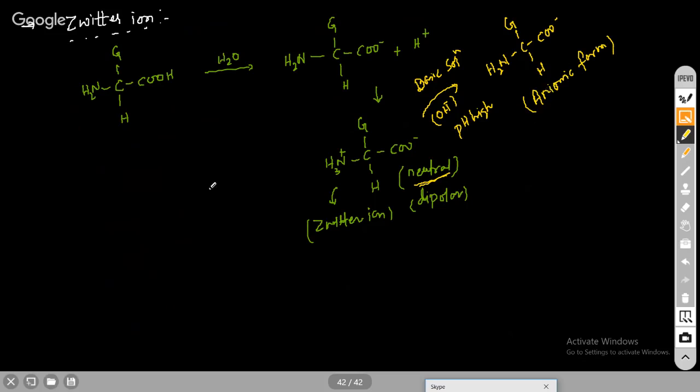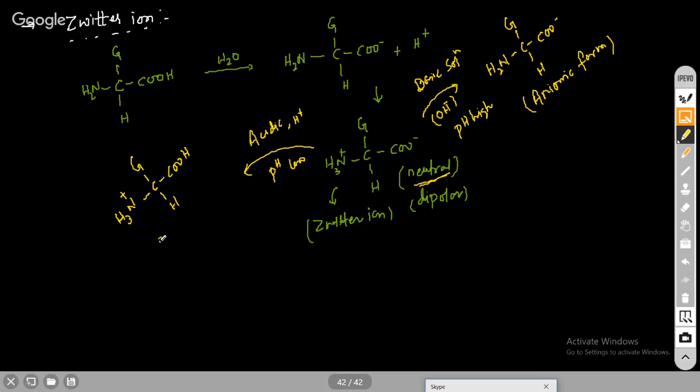Now when you put this into an acidic solution, we have H plus concentration and pH will be low. So that H plus will attach over here and we get H3N plus, C, COOH, and here we have hydrogen.